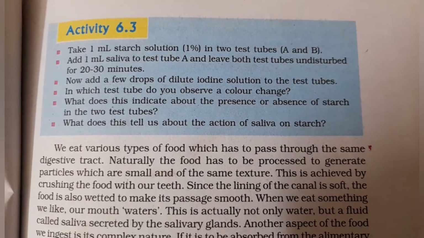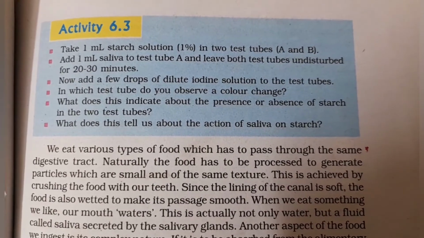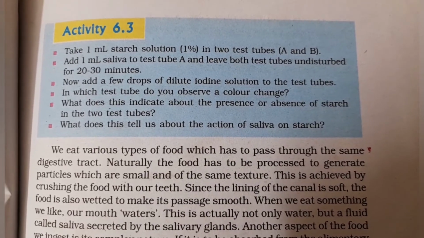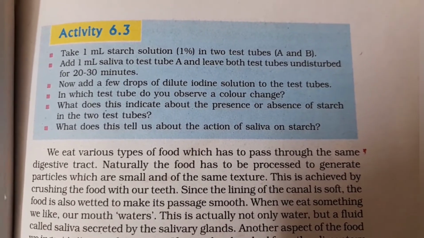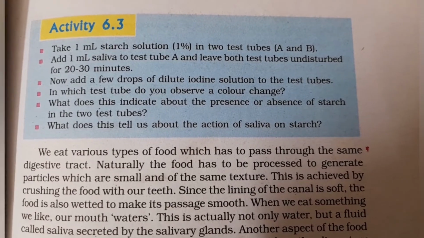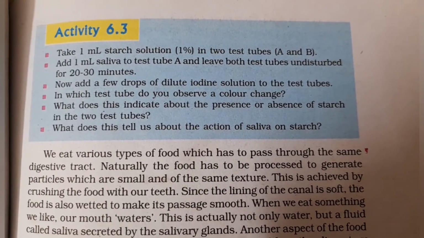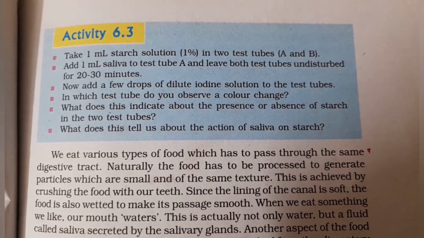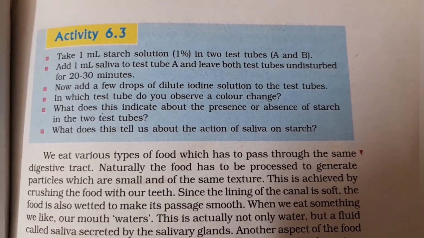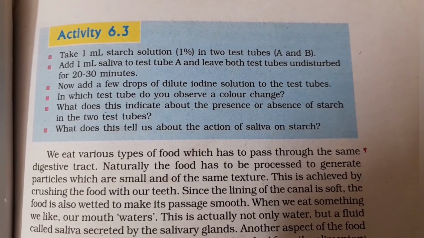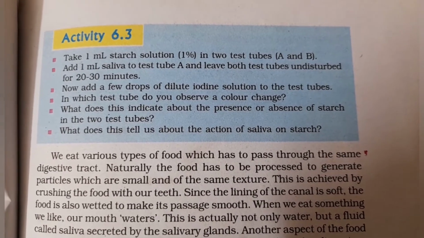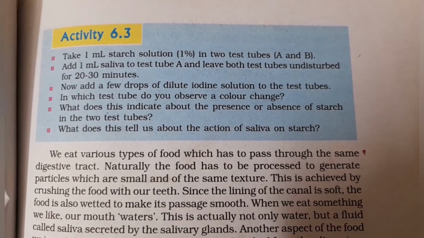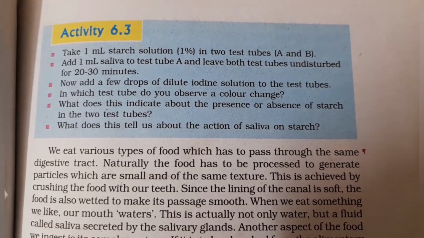As you know, saliva is present in your mouth. It breaks down the starch into simple carbohydrates like maltose. In test tube A we have starch solution as well as the saliva. In test tube B we just add the starch solution. So test tube A will be just the color of iodine, and test tube B will be bluish black.